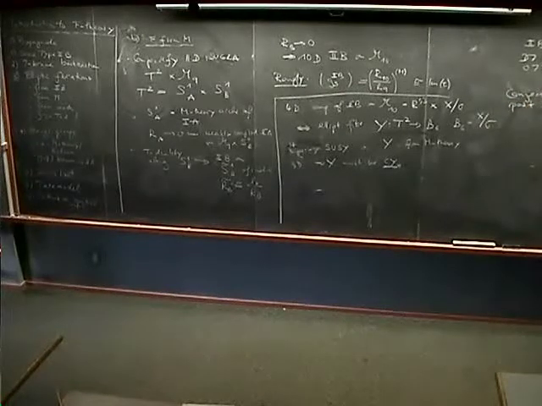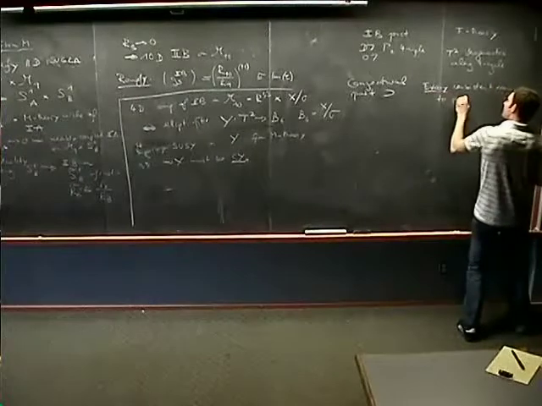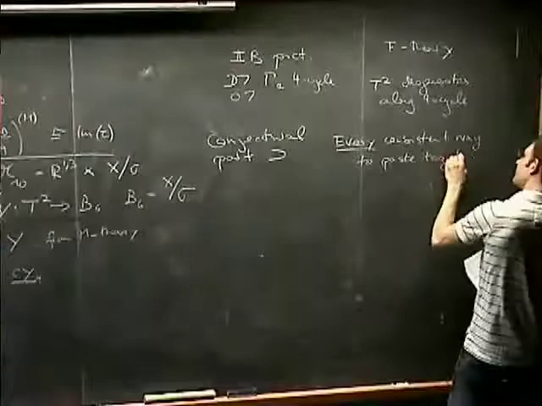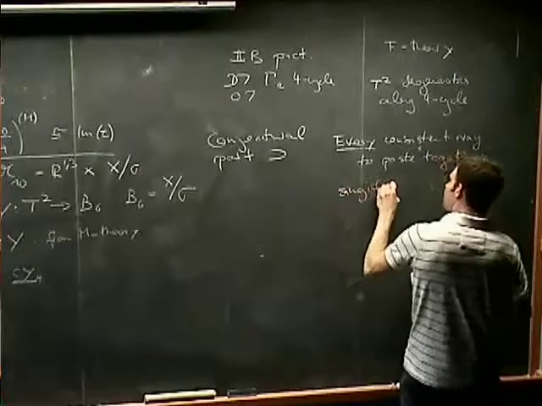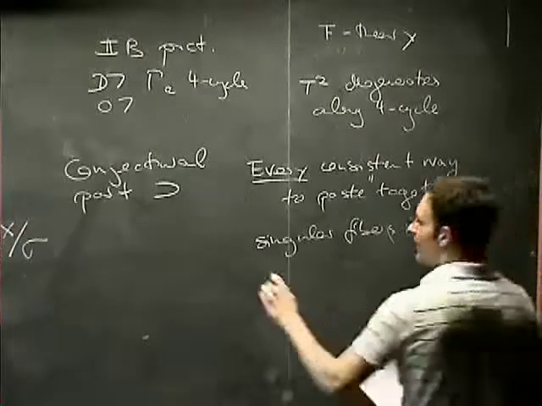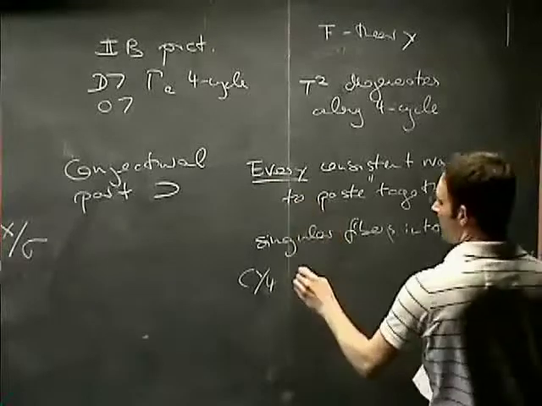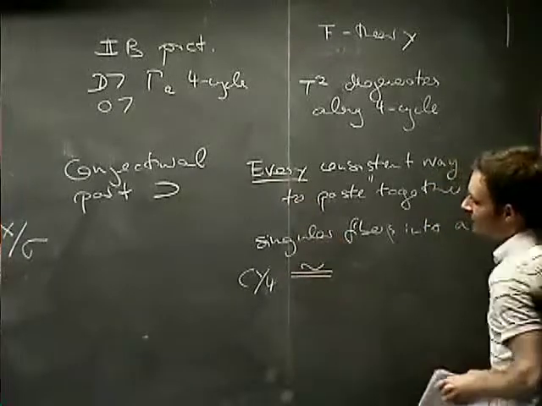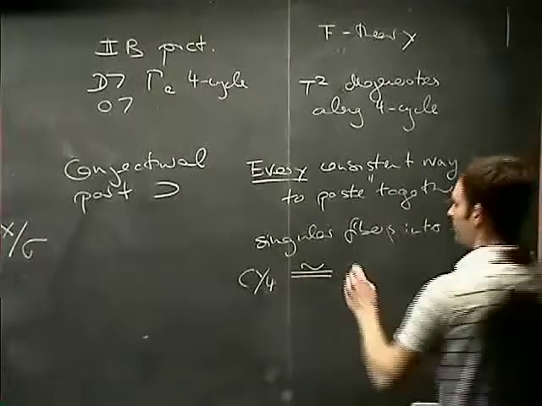So the conjectural part includes, in particular, that every consistent way to paste together singular fibers into a consistent Calabi-Yau fourfold, elliptically fibered, gives us the dynamics of a consistent 7-brane configuration.